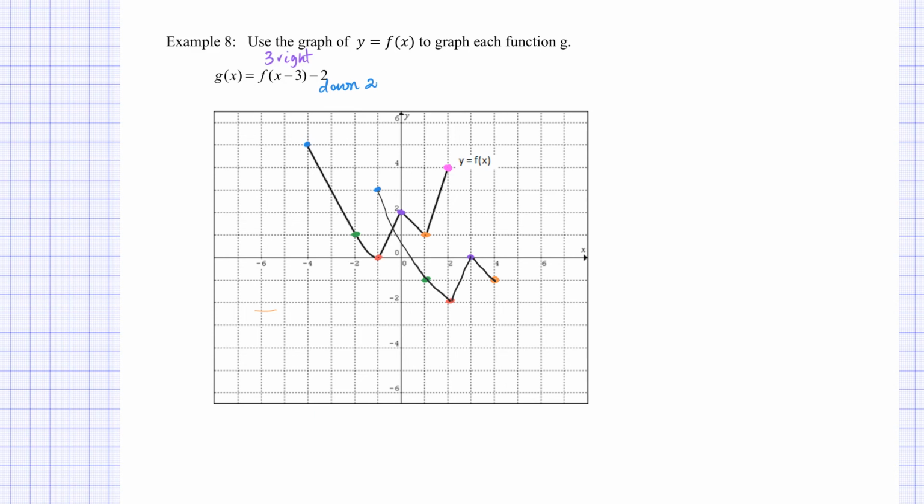So 1, 2, 3, down 2, right here. And there is the graph of g of x, which resulted from two transformations of my function f of x. Everything moved right 3 and down 2.